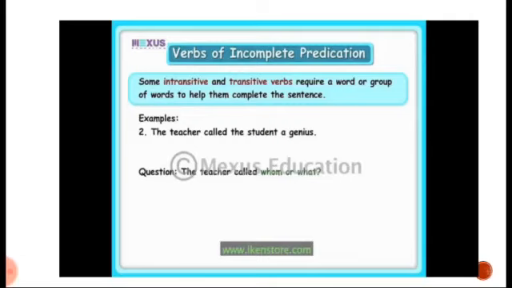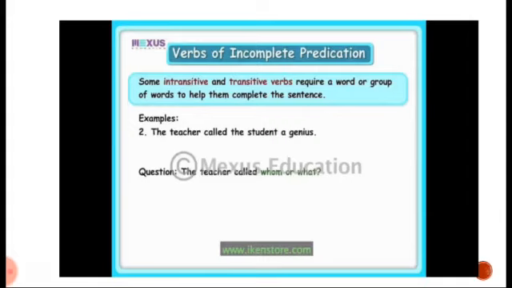Next is verb of incomplete predication. So what happens at times? Sometimes the transitive and intransitive verbs both require a word or a group of words to convey the complete sense. At that time it is known as verb of incomplete predication. Let's see the example.